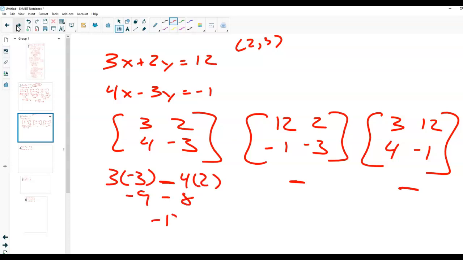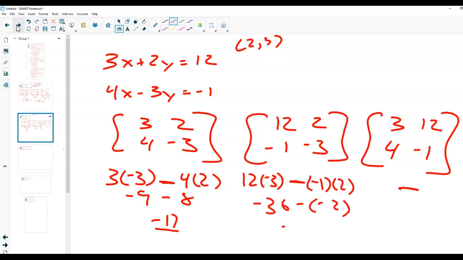Negative 9 minus 8 is negative 17. 12 times negative 3, negative 1 times 2. Negative 36 minus a negative 2 is negative 34. 3 times negative 1 minus 4 times 12. Negative 3 minus 48 is a negative 51.